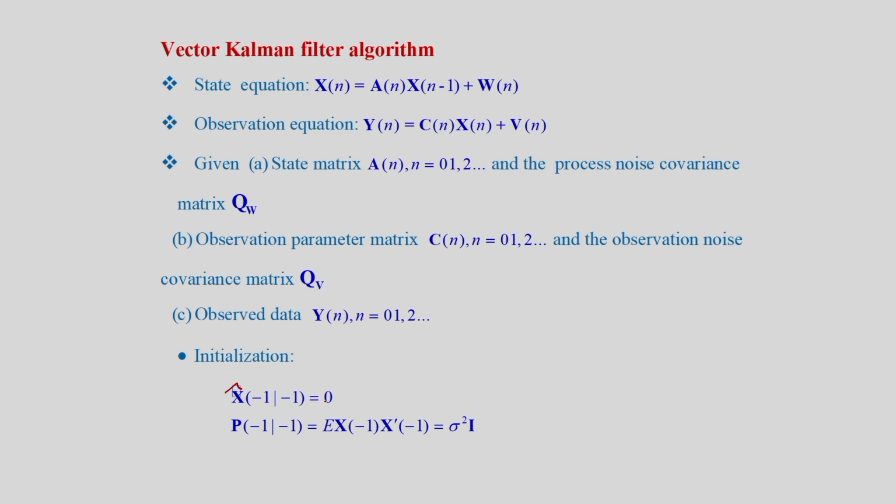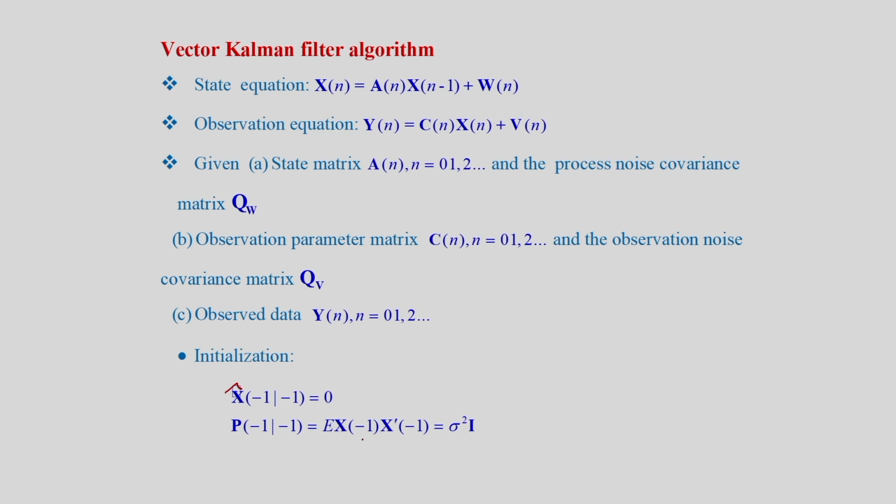All states are initialized with 0, and this estimation error covariance matrix at instant minus 1, there is no estimation. Therefore, this will be the covariance of the data itself.